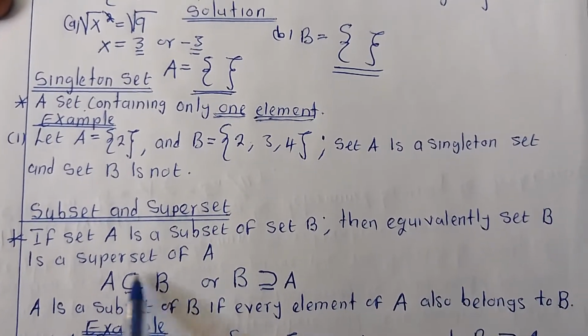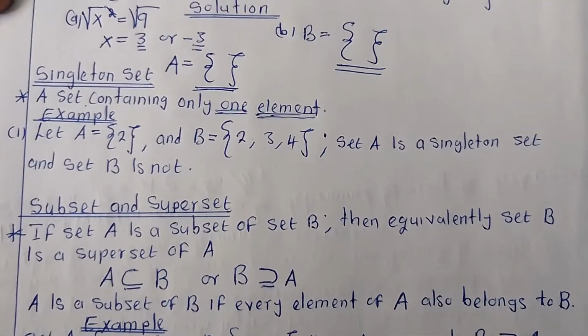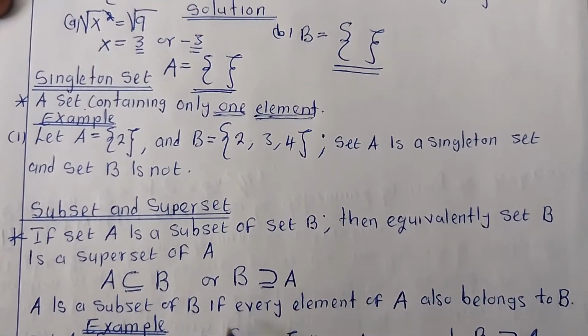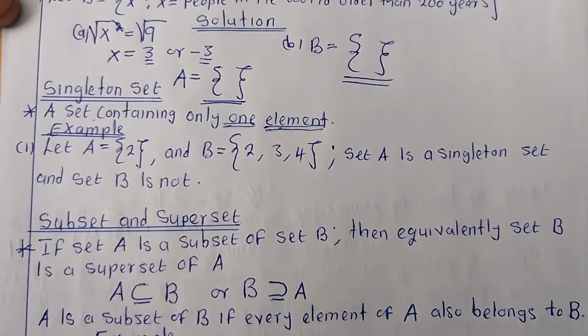When this symbol faces this side, you are simply saying that A is a subset of B. When it faces this side, or if you start with B, then you are simply saying that B is a superset of A.